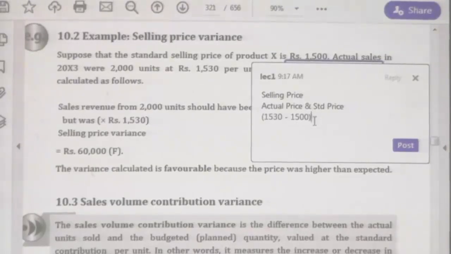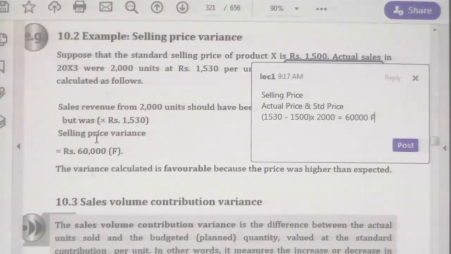How much is the total earning? They actually sold 2000 units. Therefore, they were able to earn additional 30 rupees on actual 2000 units. Therefore, the answer would be 60,000 rupees. That is favorable for you. That's why you have the answer here as favorable.